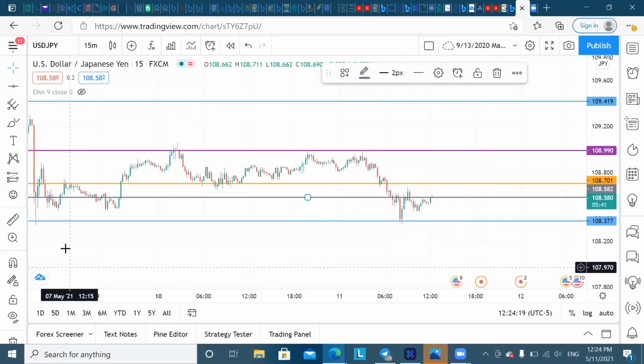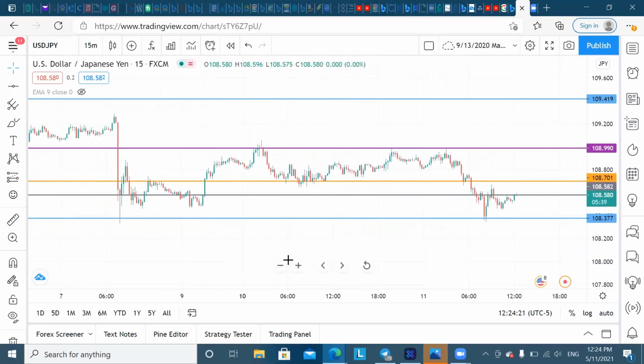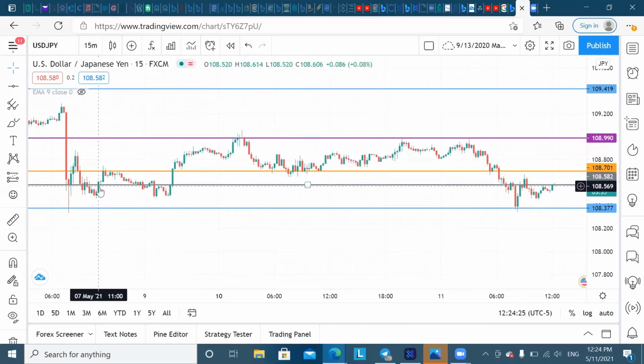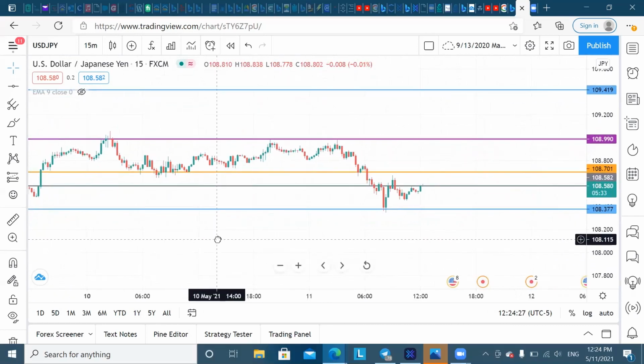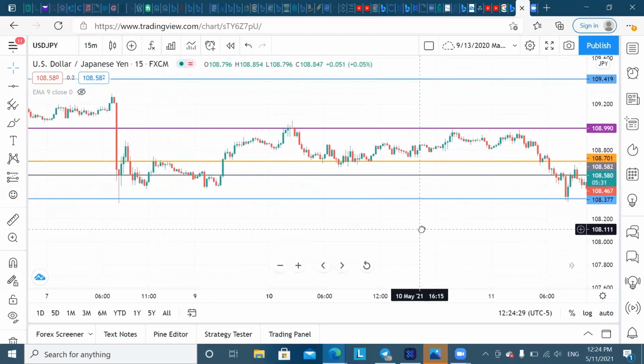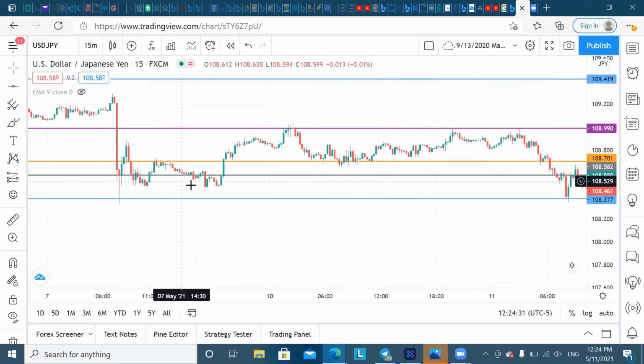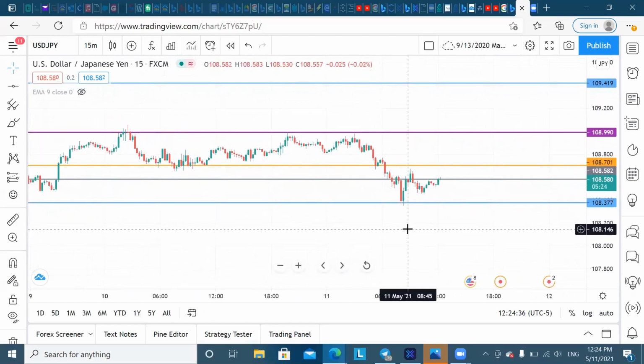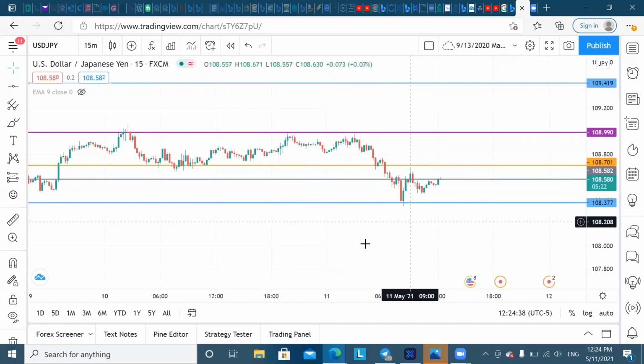Okay, let's go with a gray for a 15-minute. I see price kind of danced around in here previously. Not really a strong structure here, but we'll see.